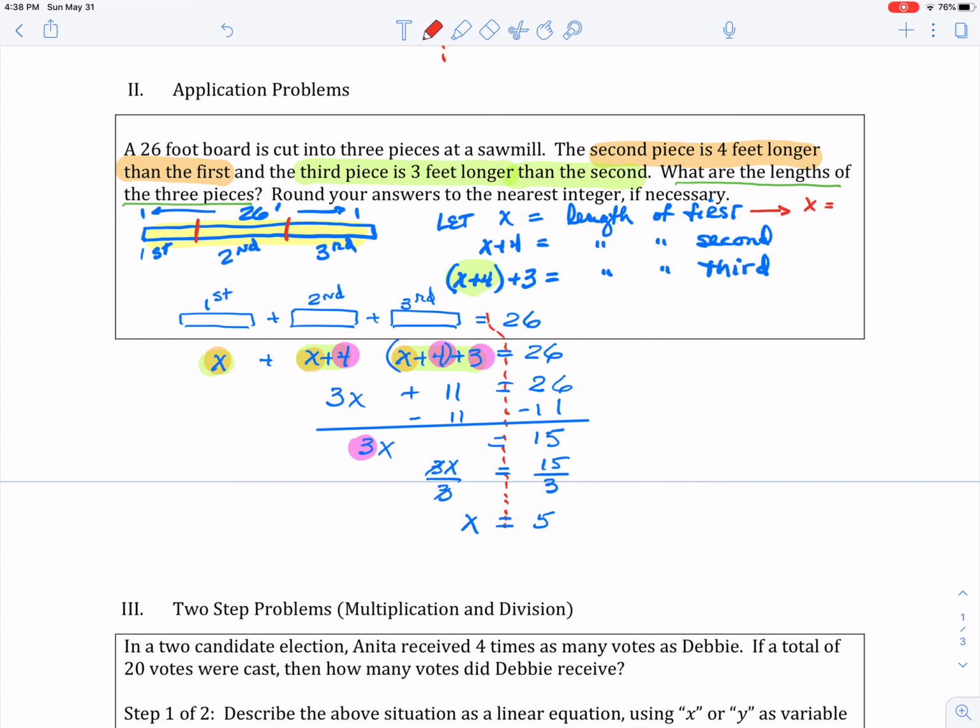So here is x equal to 5. The second is x plus 4, which is 5 plus 4, which is 9. And the third one, I'm going to squeeze it down here, is x plus 4, which is the second, plus 3, which is 5 plus 4, which is the 9, plus 3, and that gives me 12.